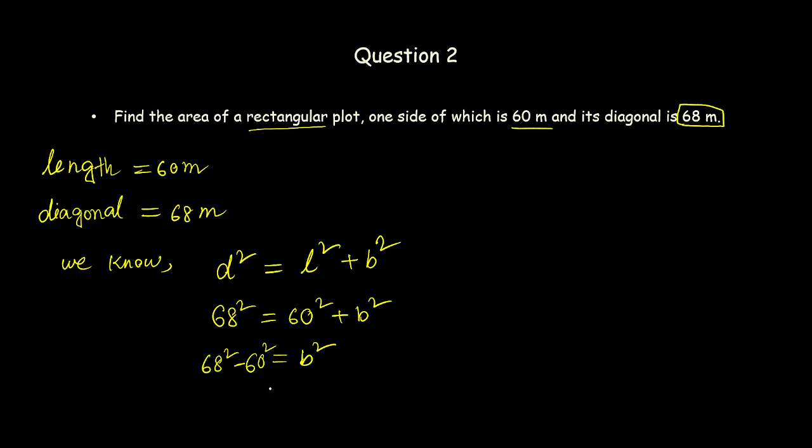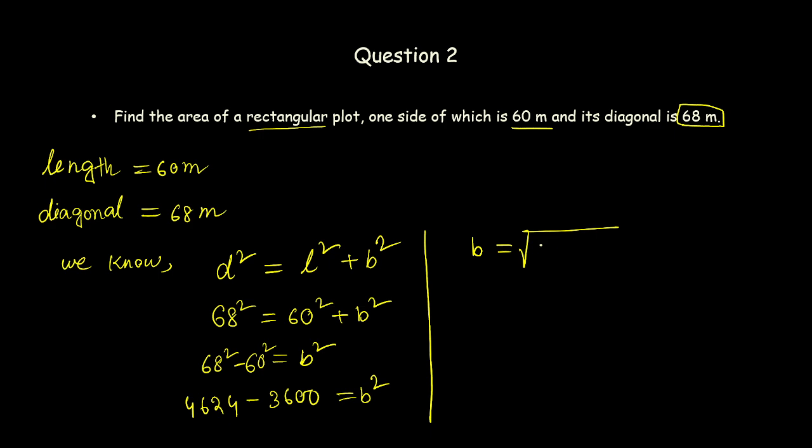So 68 square is 4624, minus 60 square, which is 3600, that equals breadth square. But we need breadth, right? Therefore breadth will be under root of 1024.